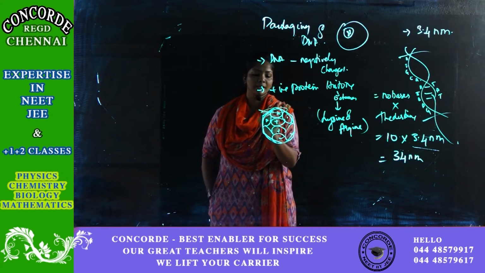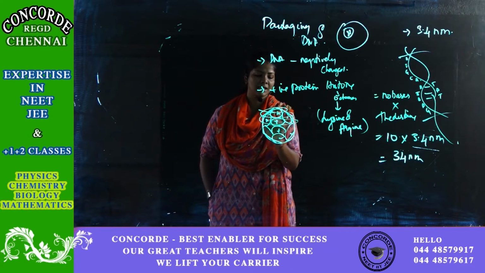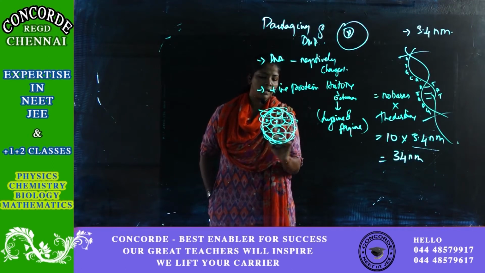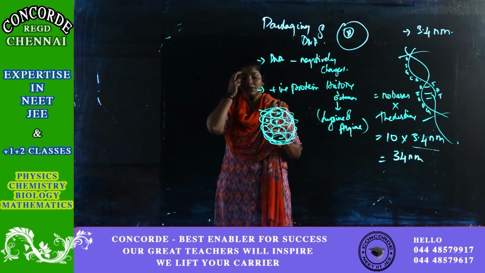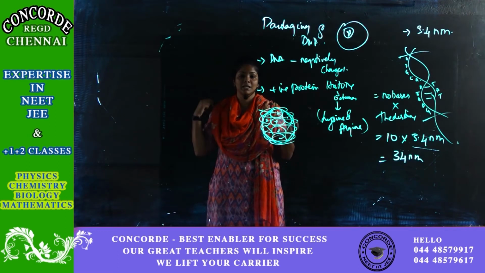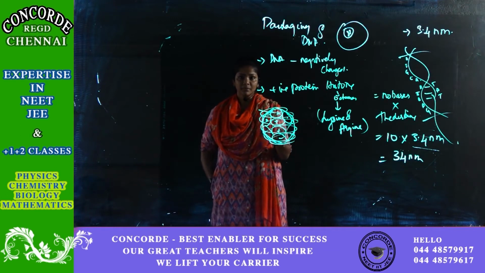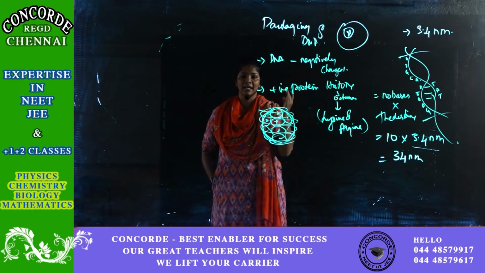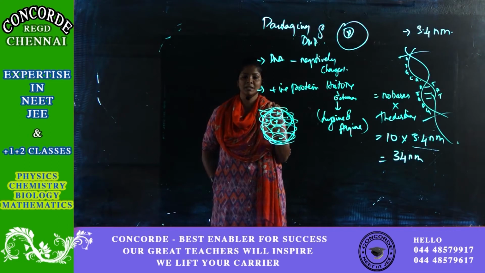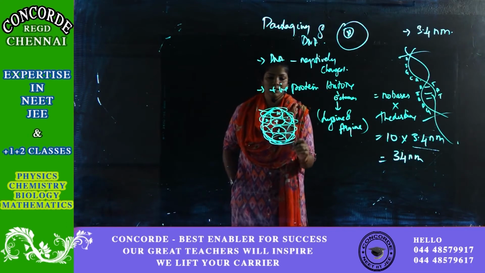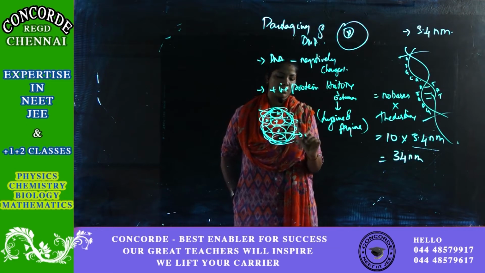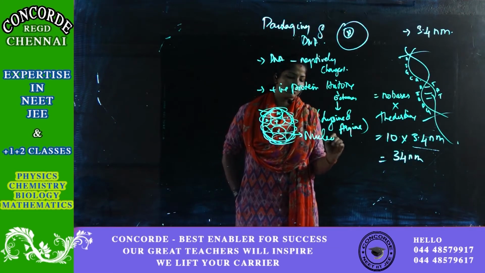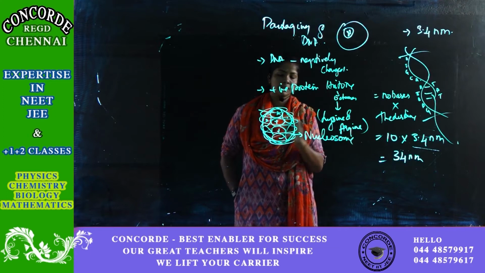So the negatively charged DNA is wrapped around this positively charged protein, because to attract the negative charge there should be a positive charge. This structure, a positive protein with negatively charged DNA wrapped around it, is called a nucleosome.